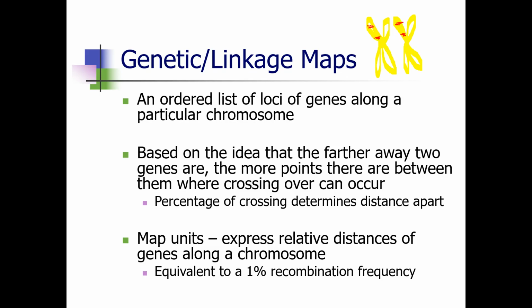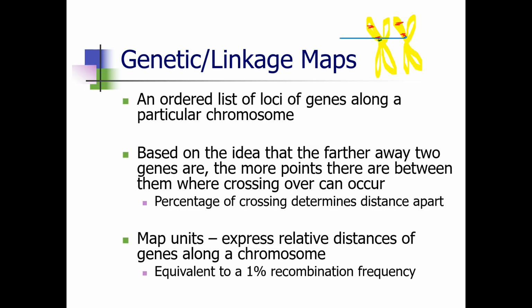Now, you can see that there's some decent space between these genes, okay? So there's a lot of room for this crossing over to potentially separate them. Now, what if I had another gene right here below this one? Okay.